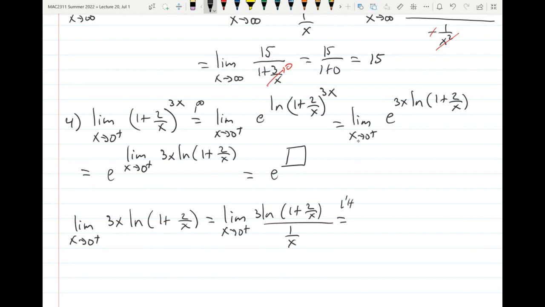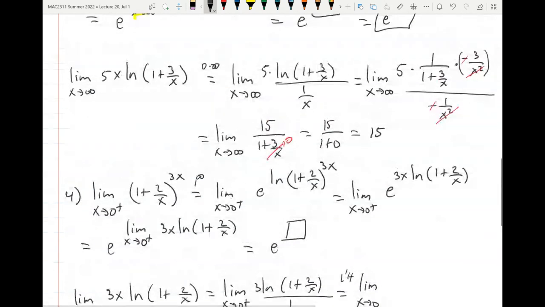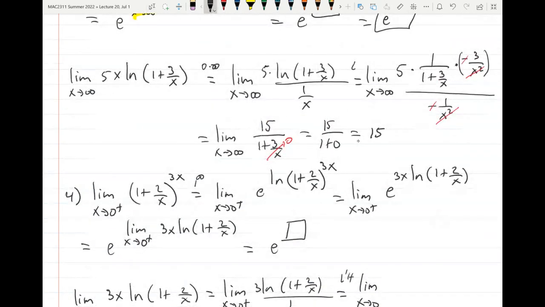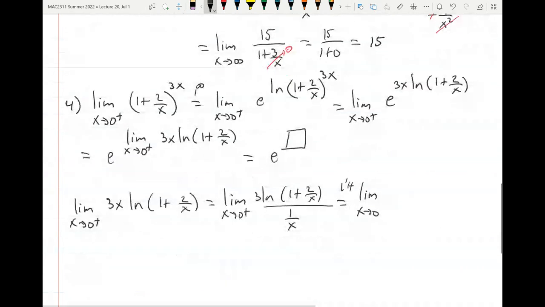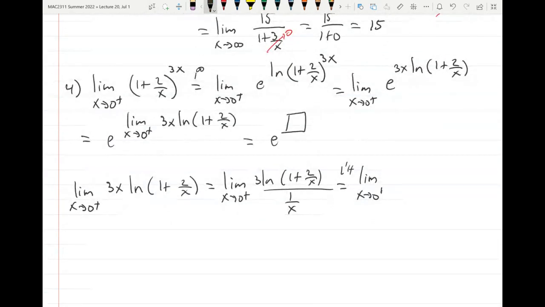So using L'Hopital's rule now, we get limit as x approaches 0. Did I write L'Hopital's rule before? No, let me write LH. Okay, limit as x approaches 0 from the right. Let's see, derivative of the top is 3 times 1 over 1 plus 2 over x, and then times derivative of the inside, which is negative 2 over x squared.